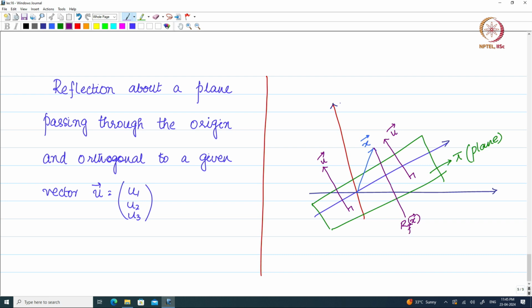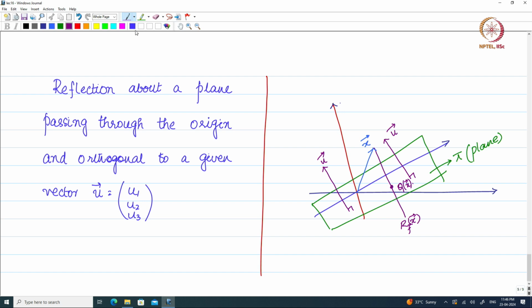The midpoint of that is going to be the point q of x, which is given by the projection of x onto the plane, q of x.